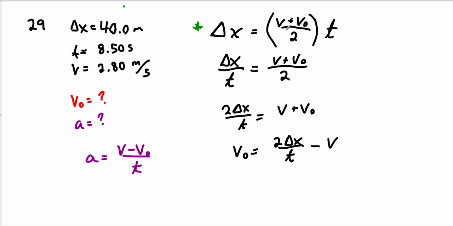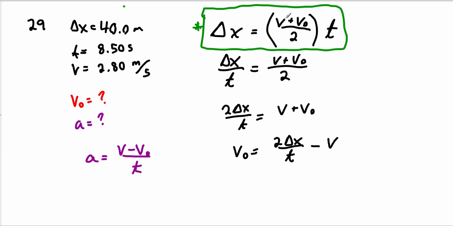If you're working on these problems, you probably got stuck on this one. But here's a teachable moment: this is another kinematic equation that you can use, based on the fact that you can find the average velocity by adding your starting and ending velocities and dividing by 2. Like, this is how you take an average.